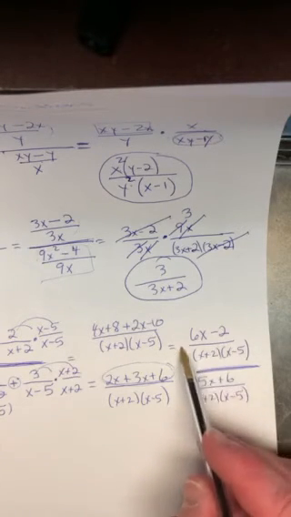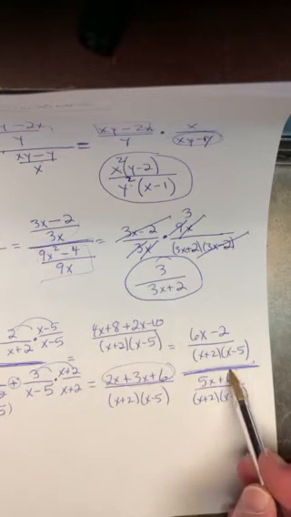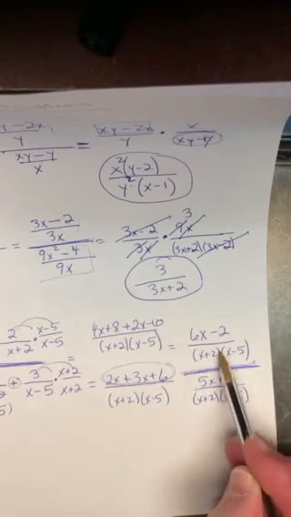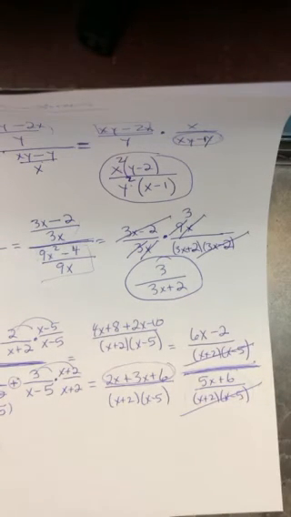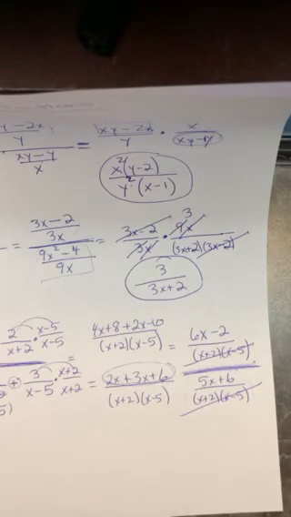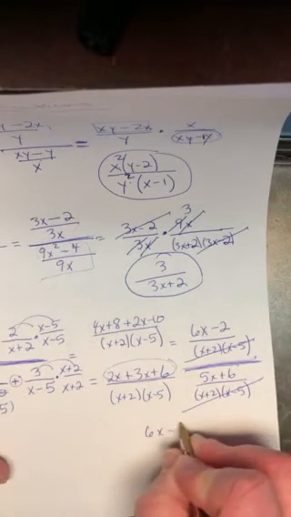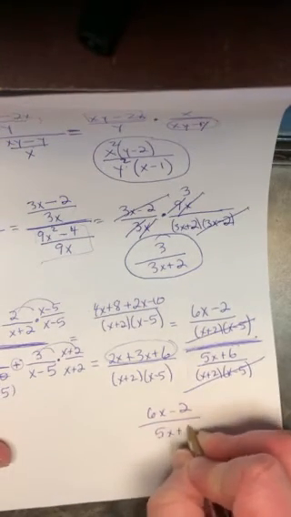Anytime you've got a fraction divided by another fraction and the bottoms are identical and match, they cancel each other out. So lo and behold, the final answer is simply what's left there on your paper. 6x minus 2 over 5x plus 6.